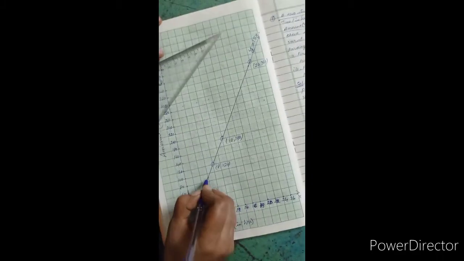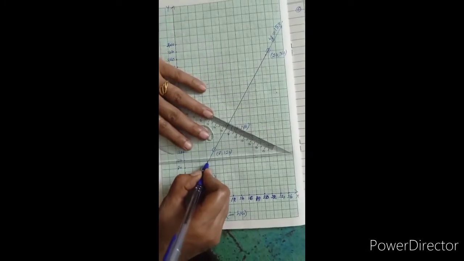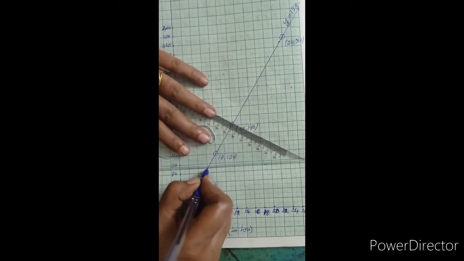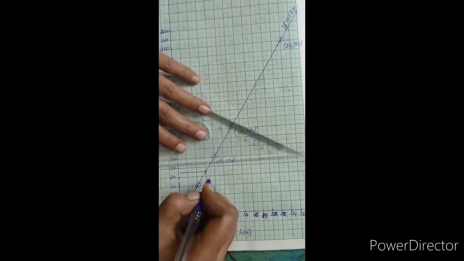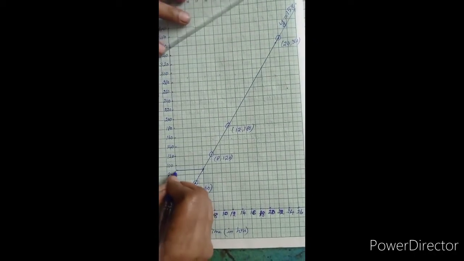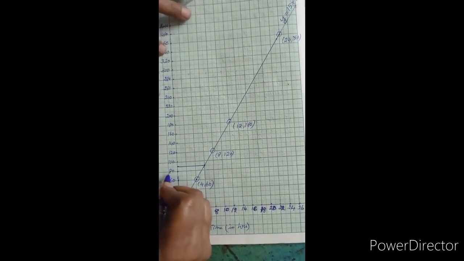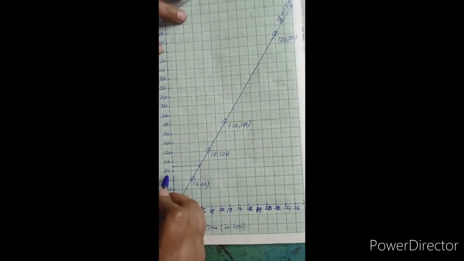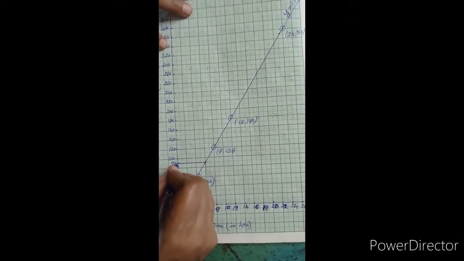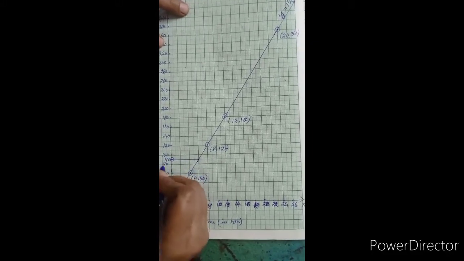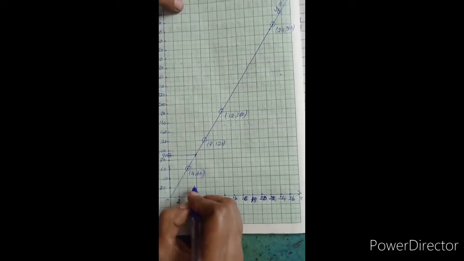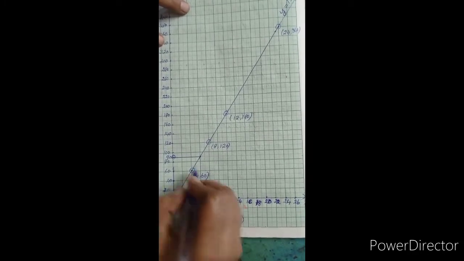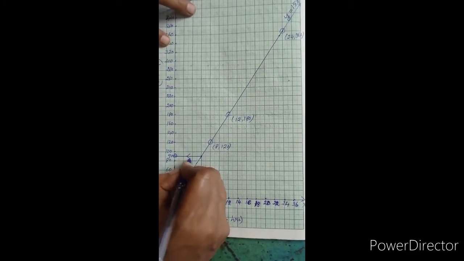Then from this point draw a horizontal line. That line meets the y-axis between 80 and 100. So between 80 and 100 is 90. This is our answer for the first question. So arrow upward direction and left side arrow.